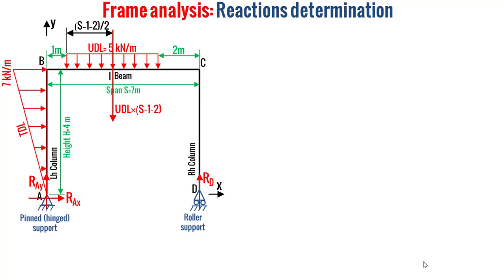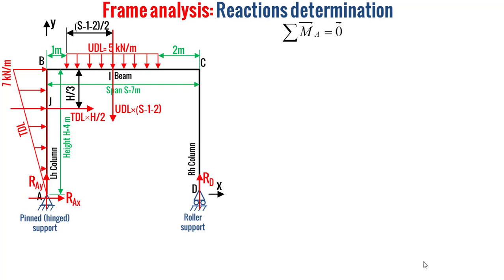And the TDL, the triangular distributed load, can be simplified into a point load with a magnitude equal to the maximum value of the TDL multiplied by half the height, located at a distance equal to the height divided by 3 from point B. Now, to determine these reactions, we first apply the equilibrium equation of moments at point A. Why at point A?